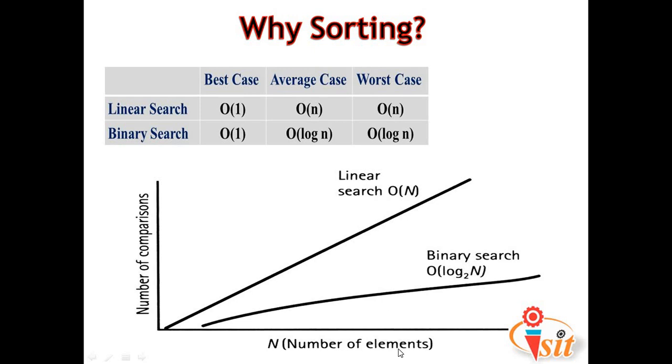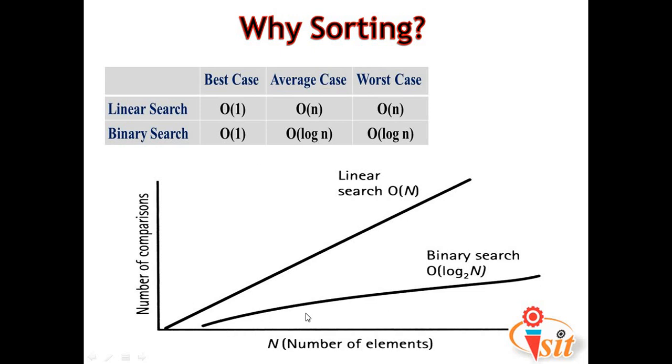In the linear search algorithm, the elements can be in sorted or unsorted order, and the average case and worst case are big O of n. But when we use binary search, the elements should be in sorted order, that is ascending order, and because of that the average and worst case of binary search is big O of log n.